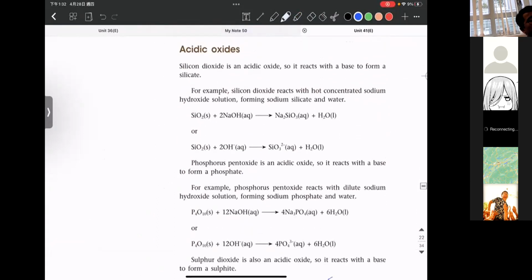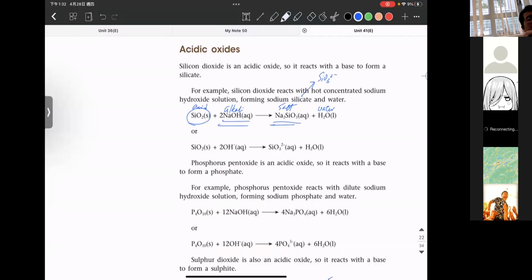I pick silicon dioxide as example. When it reacts with an alkali, it seems like it can act as an acid by forming sodium silicate. Just remember, silicate and water, salt and water is the product. So in this acid neutralization reaction, SiO2 behaves as an acid.